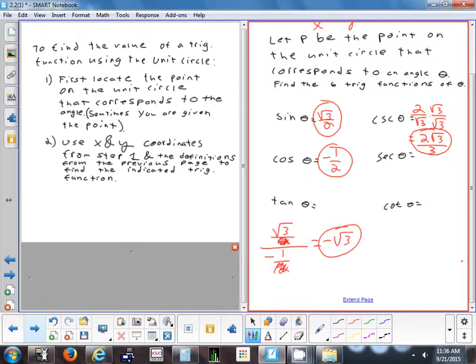Well, it's the same as 2 divided by 1, except it's a negative instead of a positive. So it would be -2. You're dividing a positive by a negative, so that's a negative. -2. So when you flip -1 over 2, you get -2 over 1. And this time, there's no square root. So that one's done.